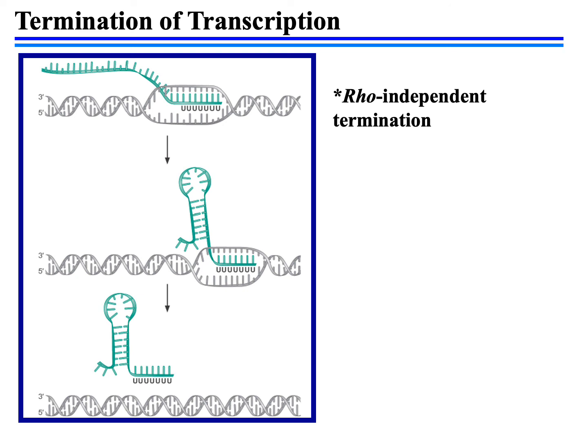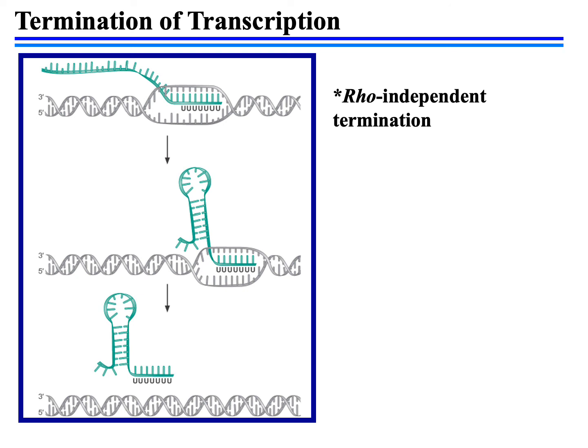So let me take one step back. The inverted repeat sequence is transcribed, and then when the polymerase gets to the A-rich region, it slows down or pauses just a little bit because it's kind of got a little bit of a hiccup in the reading of the template. That slowing down allows time for the hairpin to form, and that's what you're seeing in the center of this slide, the hairpin structure forming.